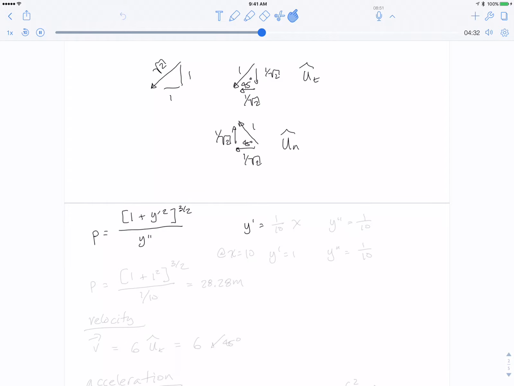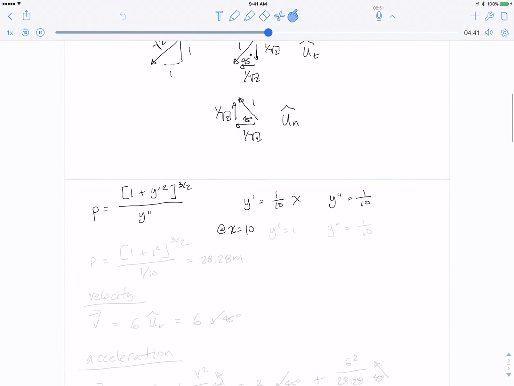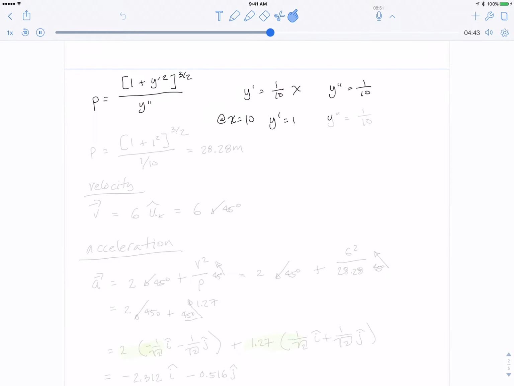So y prime is 1 over 10 x, which means y double prime is 1 over 10. And at x equals 10, y prime equals 1, and y double prime equals 1 over 10. So the radius is given by 1 plus 1 squared to the 3/2 power, all divided by 1 over 10. And when you plug that all in, you get 28.28 meters.